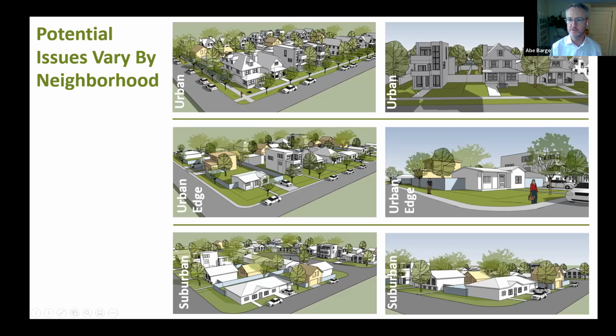For example, in this urban one, I don't know if you can see where I'm pointing, when you look from a bird's eye view, you can see that we've built several hypothetical detached ADUs in that neighborhood. When you're actually looking at the street view, in a lot of cases they're pretty hard to see because most of the houses are 2-story.